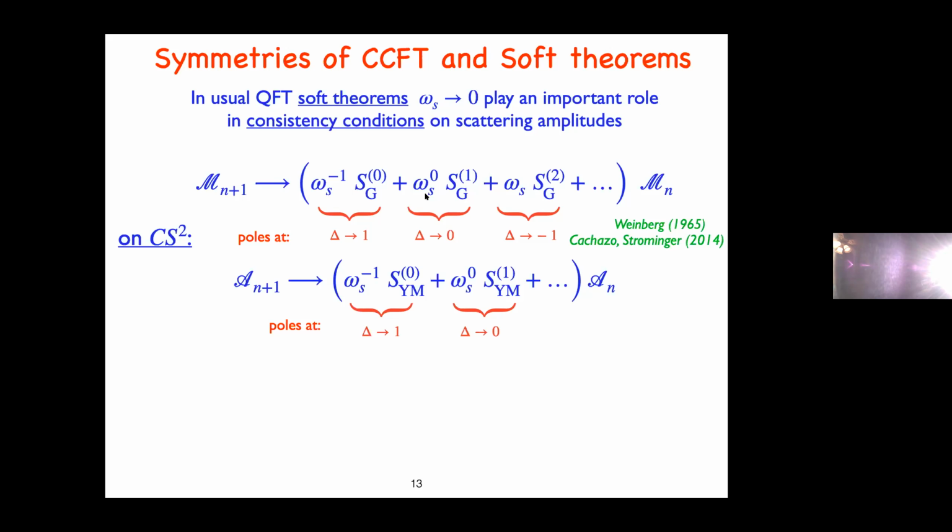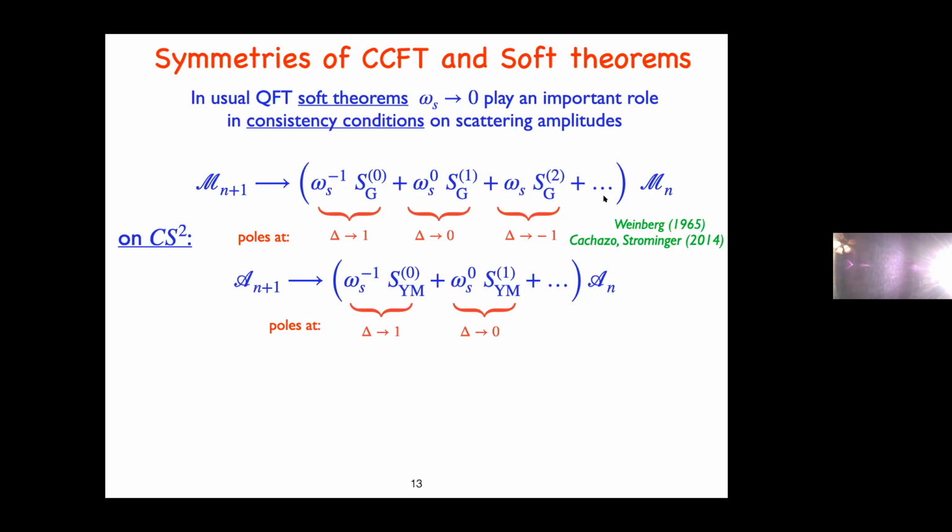The interesting thing is that if you expand the amplitude to the next order in the energy, you find what we call subleading soft factors. The first subleading and the second subleading in gravity turn out to be universal. Universal means that they have the same structure, no matter what the field content of this scattering process is.